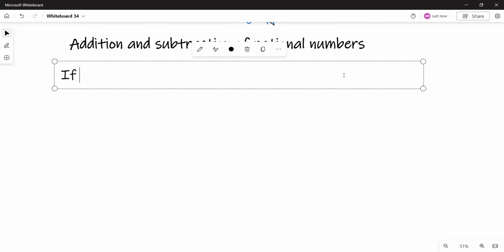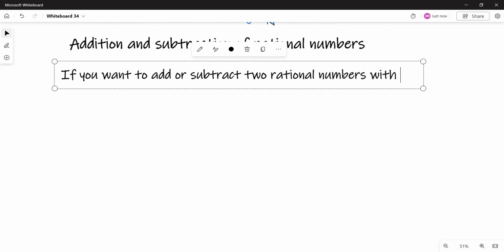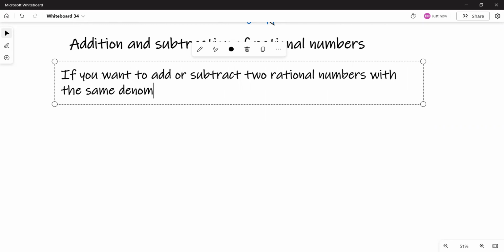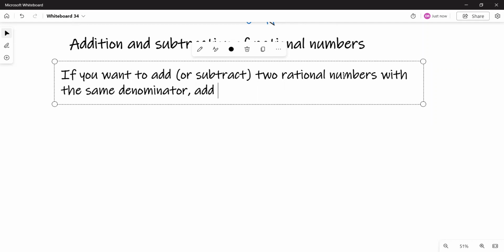So if you want to add or subtract two rational numbers with the same denominator, simply add the numerators and don't change the denominators.